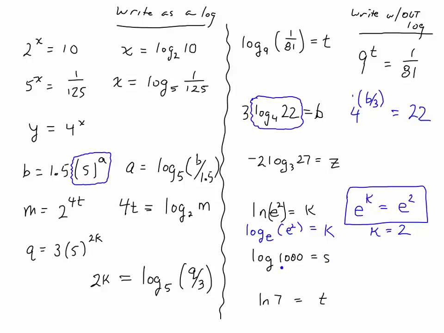So s is the exponent of 10? 1,000. So what's the equation? See, logs you can read from left to right. The exponent of 10 that gives 1,000. In this case, s is 3.